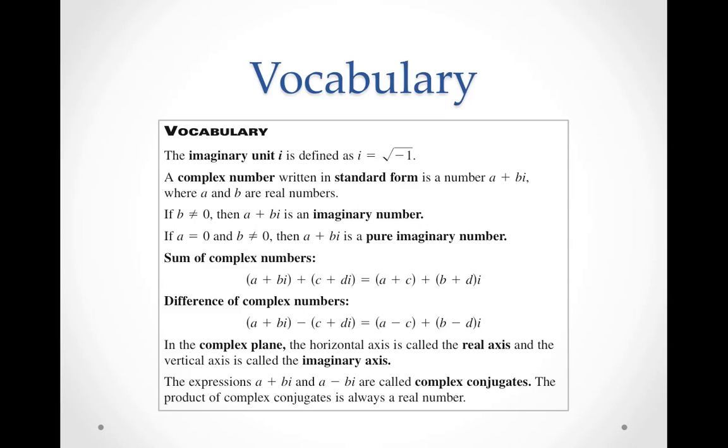If it was an opposite, the a would also be opposite, and that's not happening. So if I have something in the form of a plus bi, the complex conjugate is simply a minus bi. And the nice thing about that is that the product of complex conjugates always ends up giving you a real number. And again, you'll see why in just a minute.